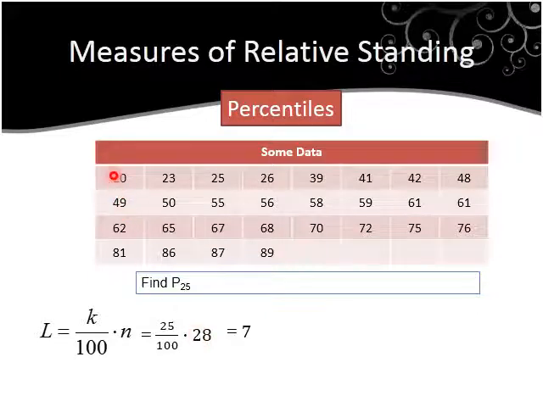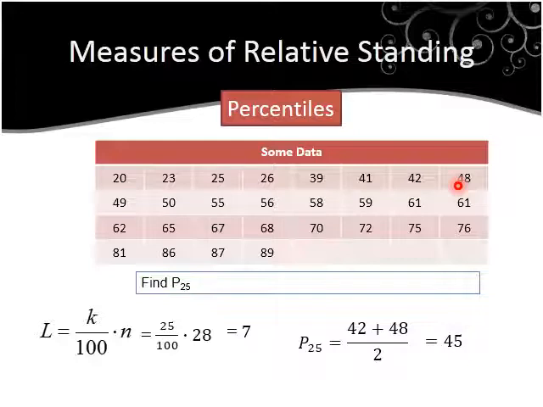So that means I have to go to the 7th spot, which is 42. And since L happened to be a whole integer, I'm going to average the values in the 7th and the 8th spot. So that means the 25th percentile is 45.